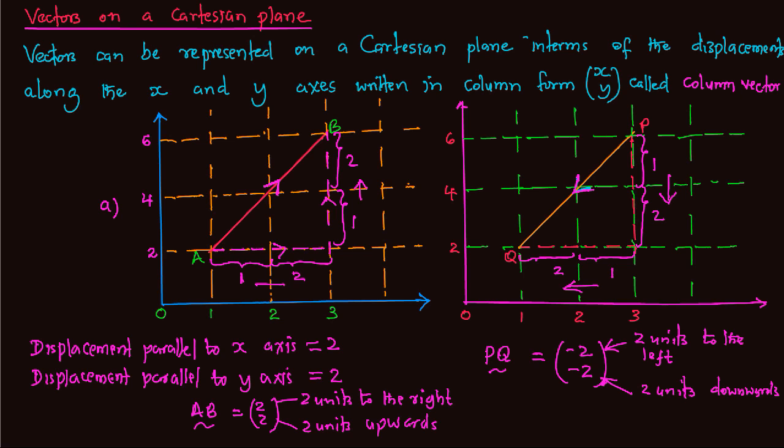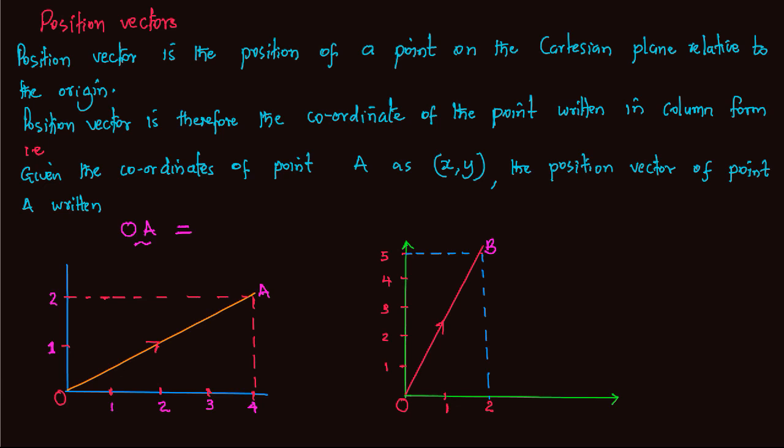So when the direction is upwards, the value of y is positive, while if the direction is downwards, the value of y is negative. If the direction is towards the right, parallel to the x-axis, the value is positive. If the direction of displacement is towards the left, parallel to the x-axis, the value is negative.